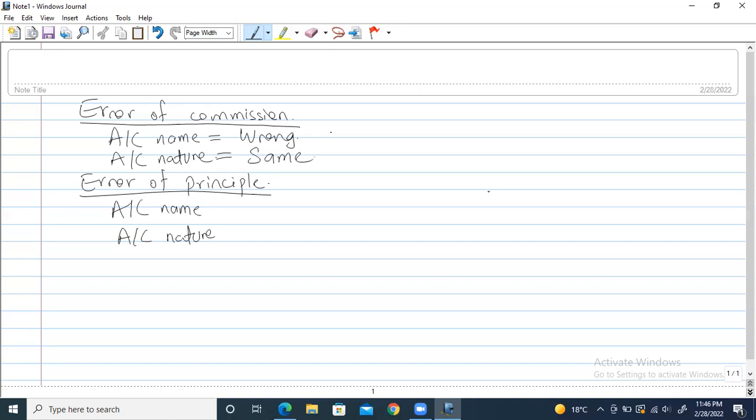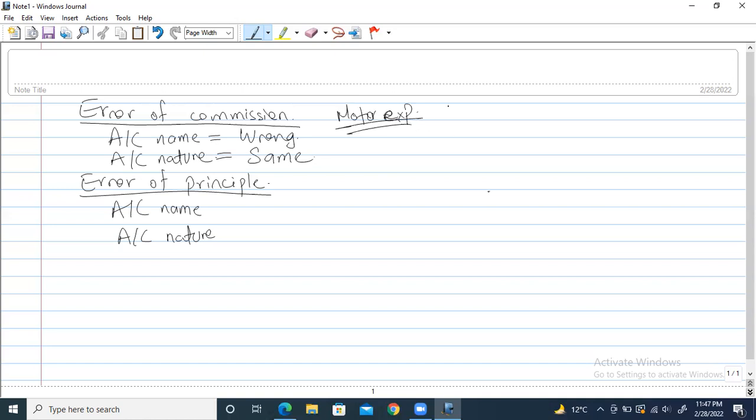Let me give you a practical example. Let's discuss two or three examples. Let's say that I actually had to record motor expenses, for example, I did some work on my car, or any kind of accidental repair, that is motor expenses.